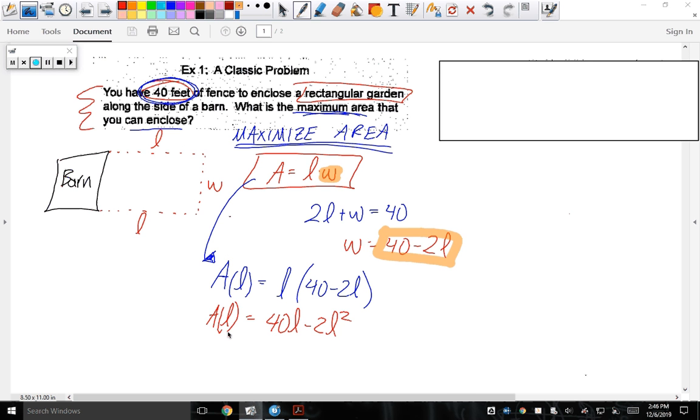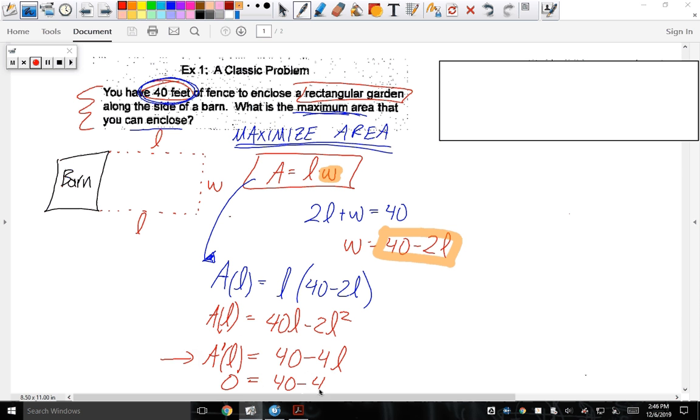Okay, please be handy with the calculator because you're about to follow me, and there's a lot that's about to happen. Okay, so if I were to do this by hand, and we'll verify with the calculator, I can say A prime of L is equal to 40 minus 4L. I'm looking for this equation in your work, and I'm also looking to see, did you set it equal to 0?